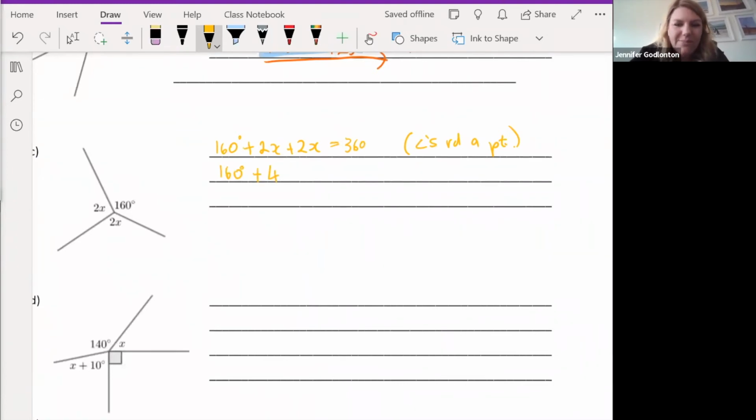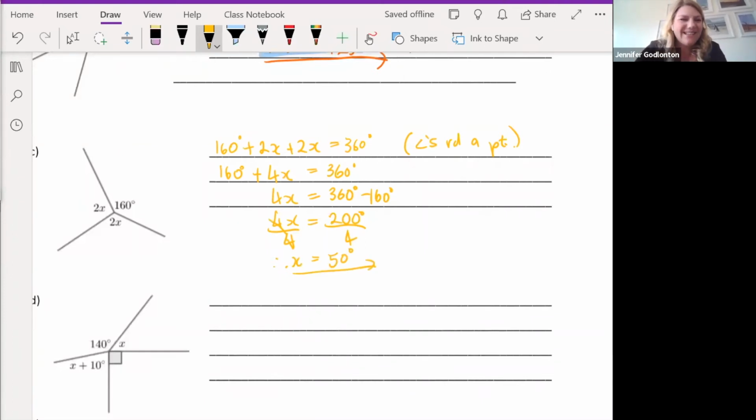Perfect. 160 plus 4x equals 360 degrees. Nice. And then it's going to be 4x equals 360 minus 160. Nice. And then it's going to be 4x divided by 4 equals 200 divided by 4. Good. Okay, so we had 4x equals 200. We're going to divide that by 4. And so then what does x equal? 50. Yes, nice job, Kira. Awesome. Well done. 100%. Yes.